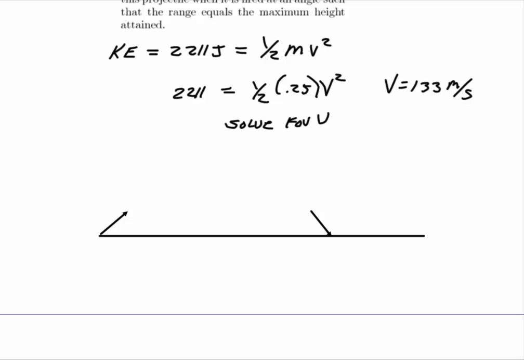A couple of things we know from previous sections: this is theta, and that'll be theta down here too. This angle will be the same. The object's going to go up like this, reach maximum height, and come down. We'll call this distance x, and we'll call this distance here x. Those have got to be the same.